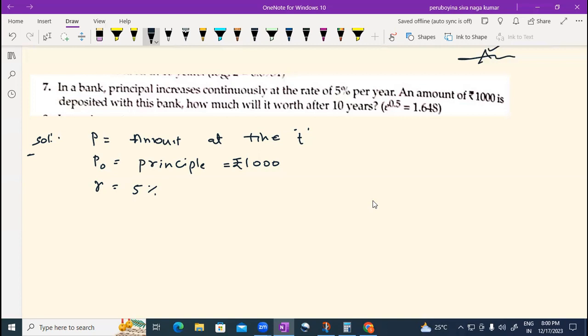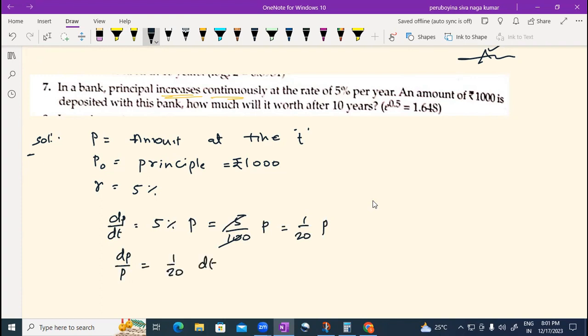He said it increases continuously, so we have to make a differential equation. 5%, he said, so dP by dt you can write as 5% of the principal value. 5% means 5 by 100 into P. You can cancel this part, so 1 by 20 into P. Now you can write dP by P is equal to 1 by 20 into dt.